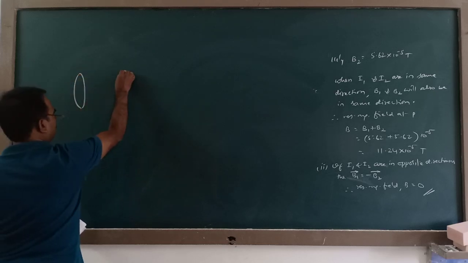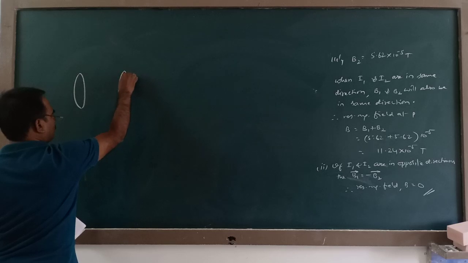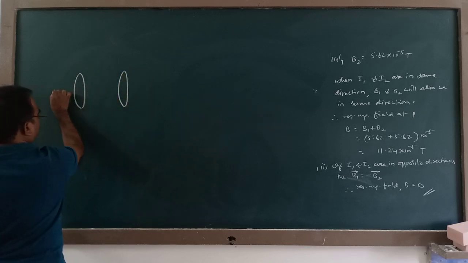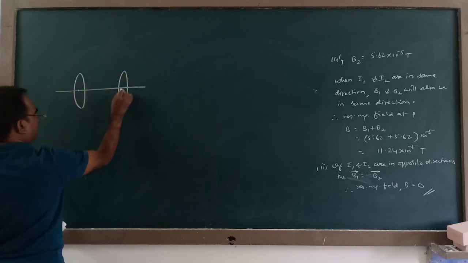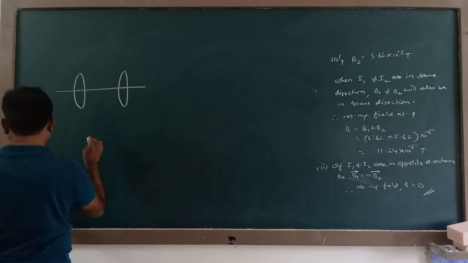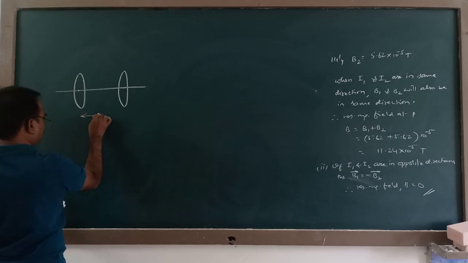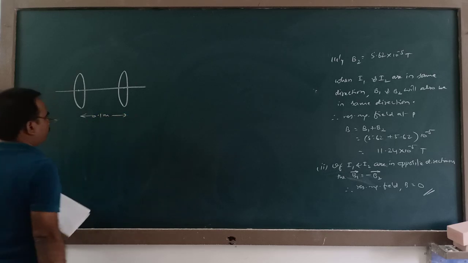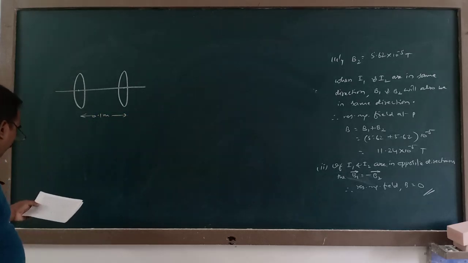This is one coil. This is another coil. So they are placed coaxially and they are separated by 0.1 meter.